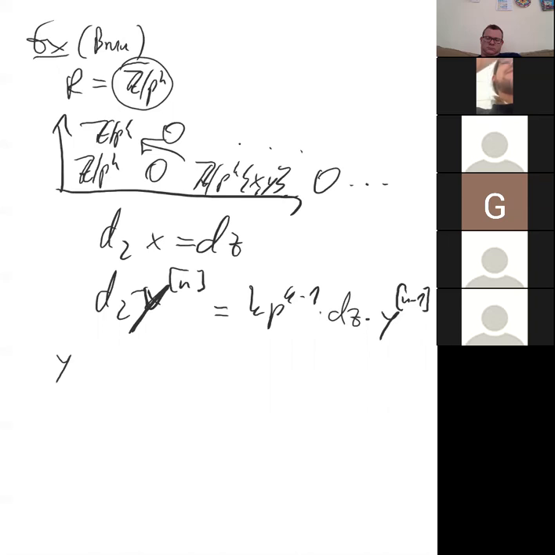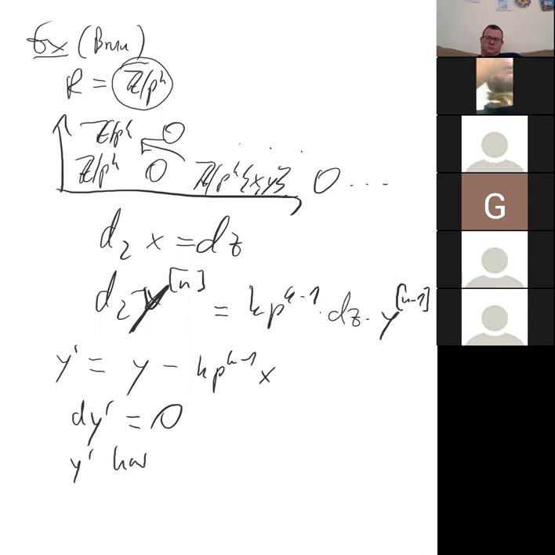The main idea is that you can form this element y prime, and it's not a derivative. You can form this linear combination of y and x, and that guy is now a cycle and has divided powers, because the coefficient here is divisible by p enough.